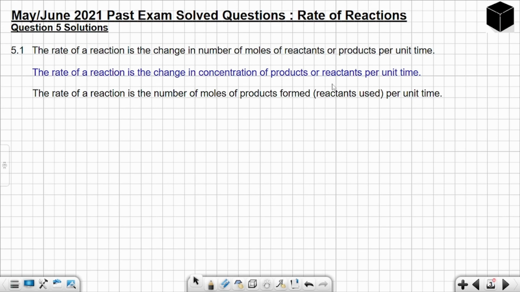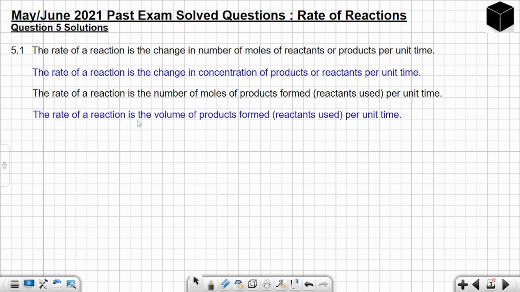So you have 3 definitions so far, but the question is asking you to give only one definition. I believe it is good that I give you all these definitions so that you can choose which one works with you, and then you can give it whenever you are asked to give the definition of rate of reaction. I also have a 4th one.